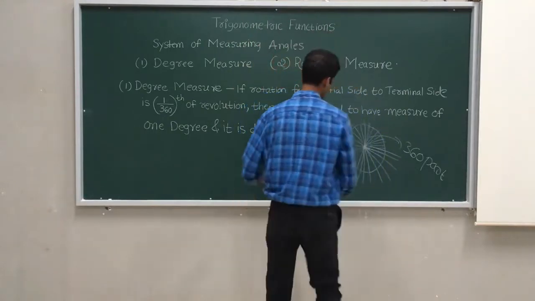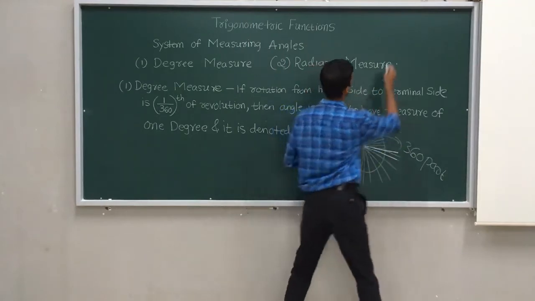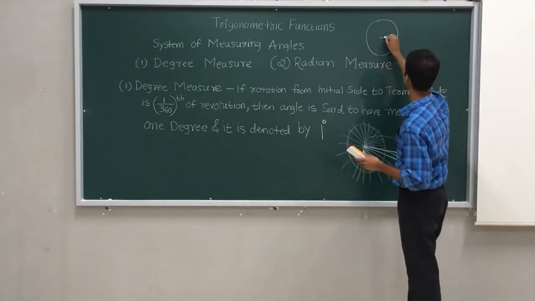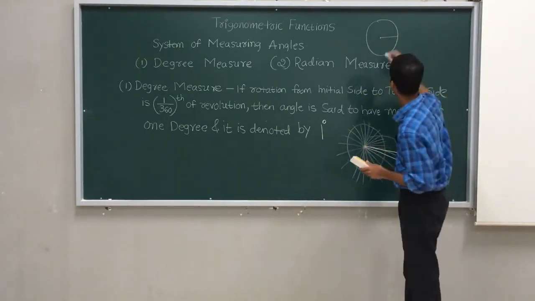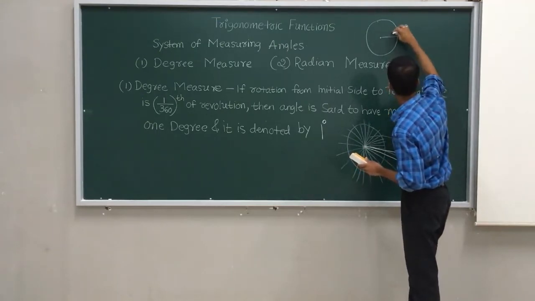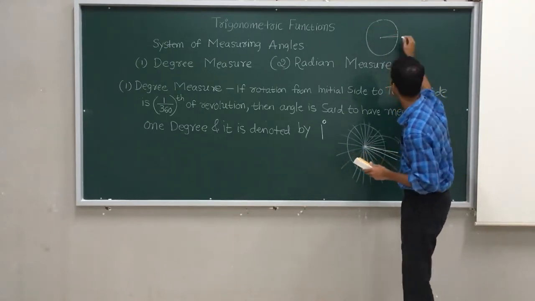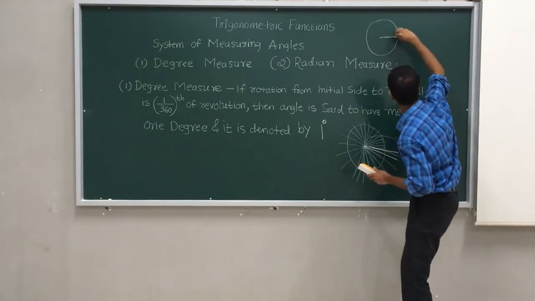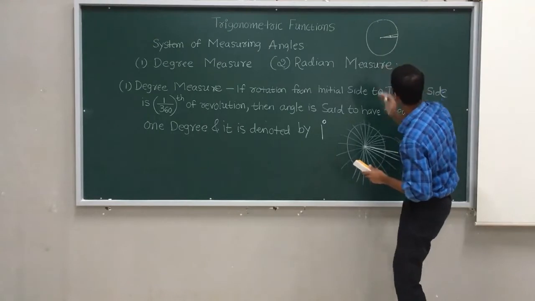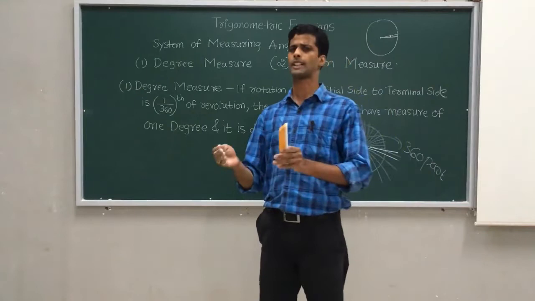Means if rotation from initial side to terminal side, it is like this. If it has 360 parts, somewhere it has to start. If I take this small part, 1 part, 2 parts, 3 parts, 4 parts, and so on, till here it will become 360 degrees. For rotation, we will take anti-clockwise only, because anti-clockwise means positive, clockwise means negative, right?